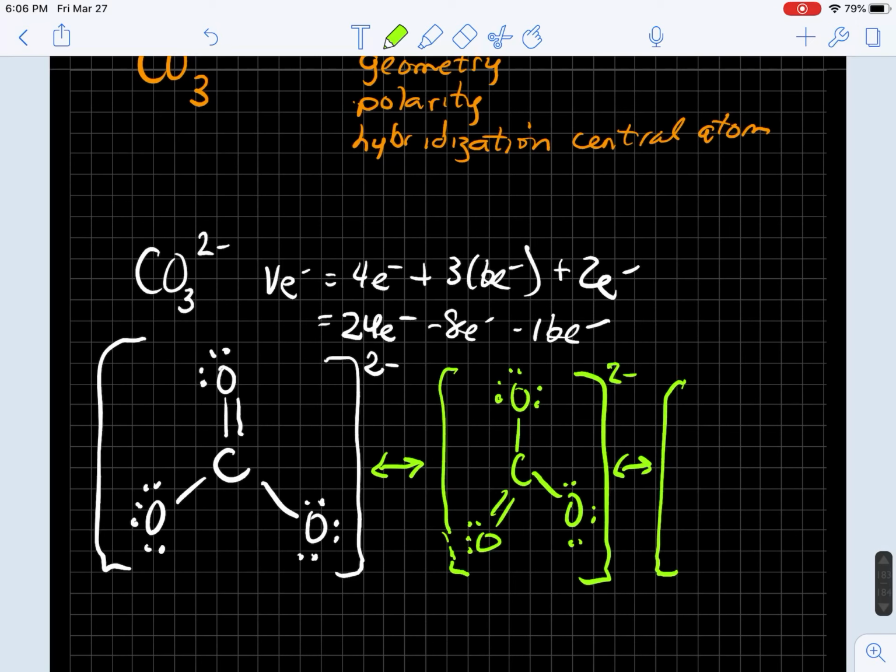But at this level, we just want you to be aware of what resonance is and to be able to draw the structures. Not to justify the structures or to discuss the stability of the structures, which is something I would teach you in AP Chem. All right, so there's my 3 carbonate resonance structures.